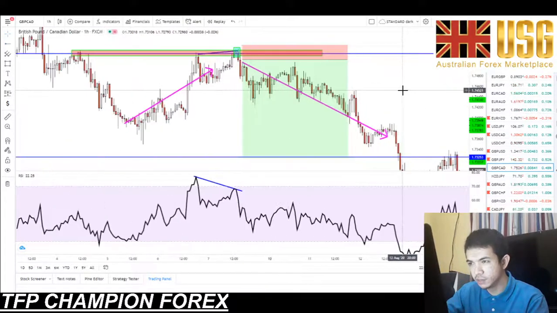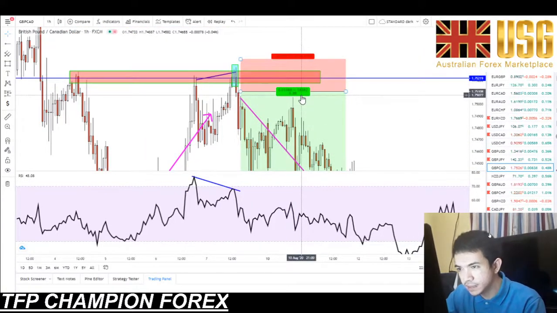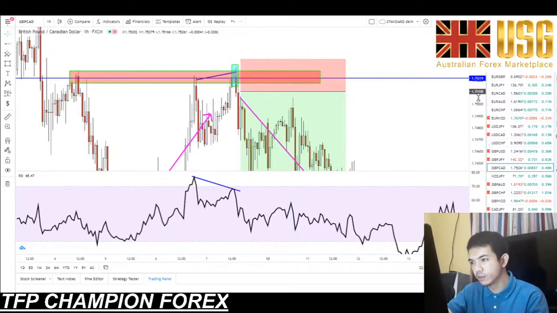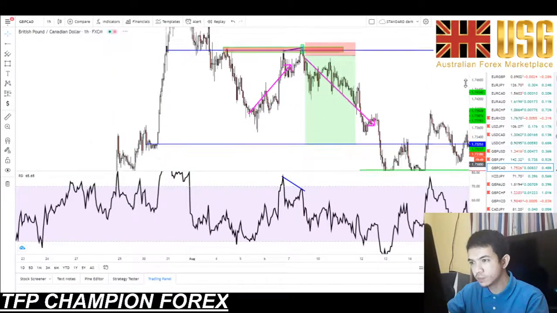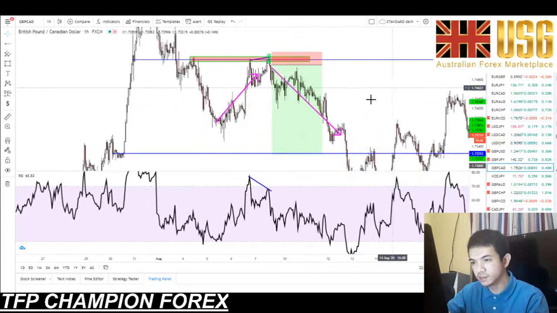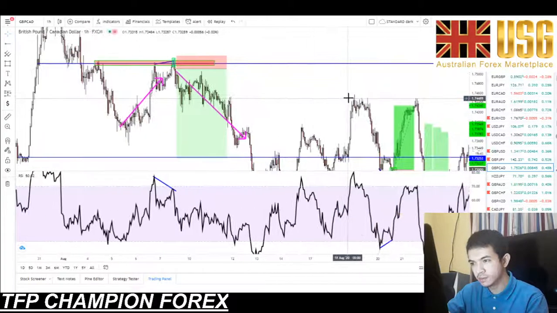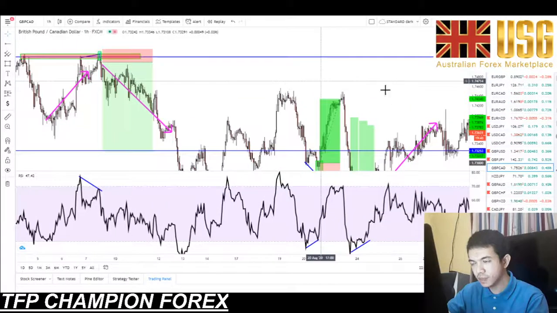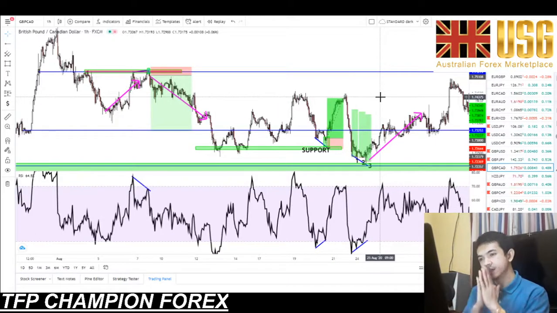That would be roughly 1 to 6 or 1 to 7 risk to reward ratio. Damn, that would be a huge gain for you guys just using divergence and structure, right? So that is how you approach the market using RSI divergence.